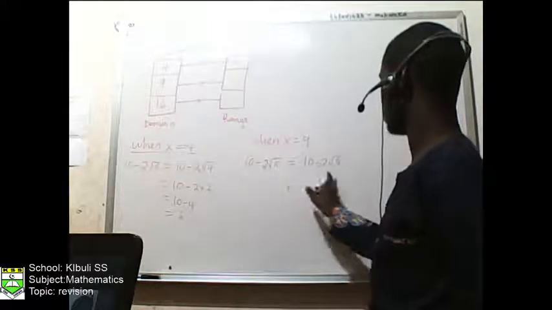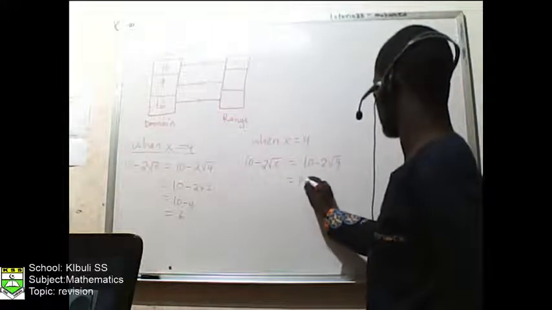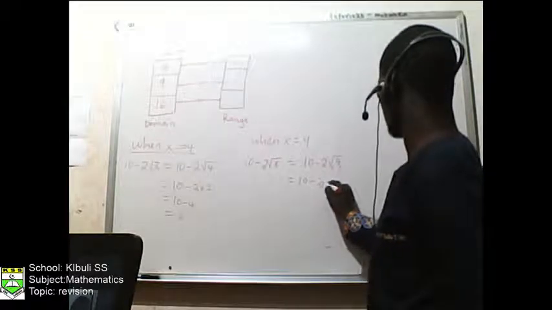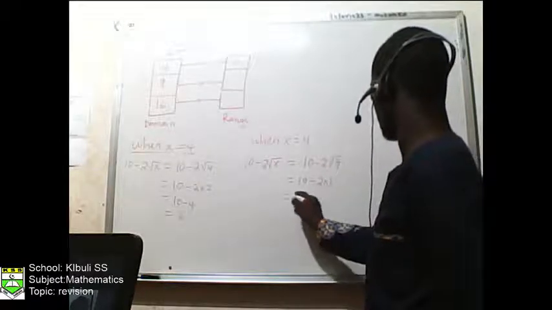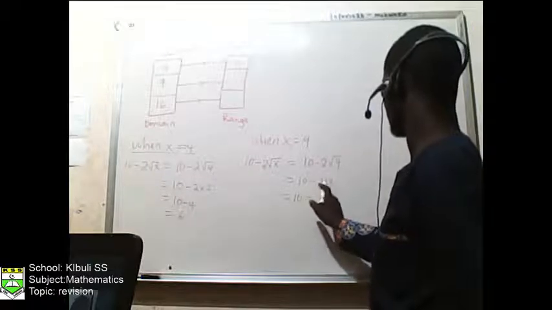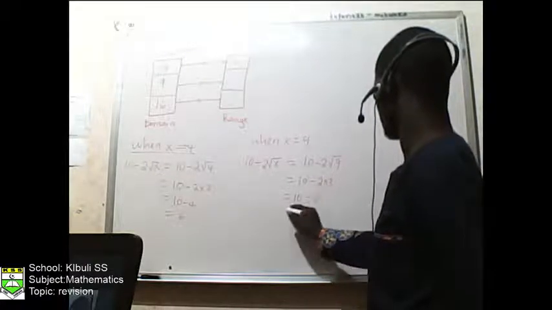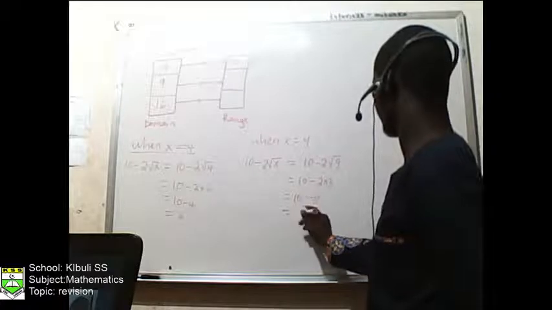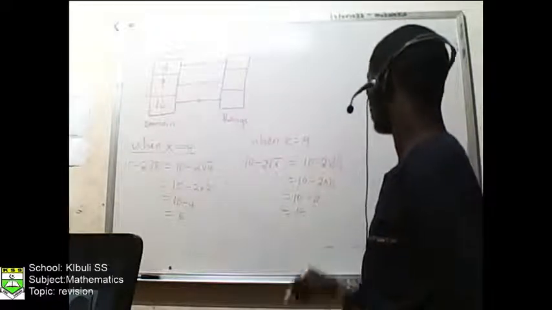So I'm substituting where I have x, put there 9. So this is 10 minus 2 times 3, and this is 10 minus 6. The answer is going to be 4. So here the value is 4.